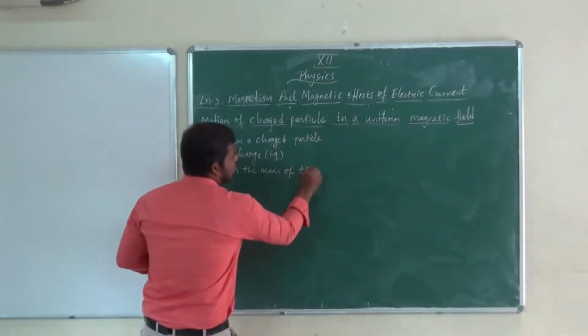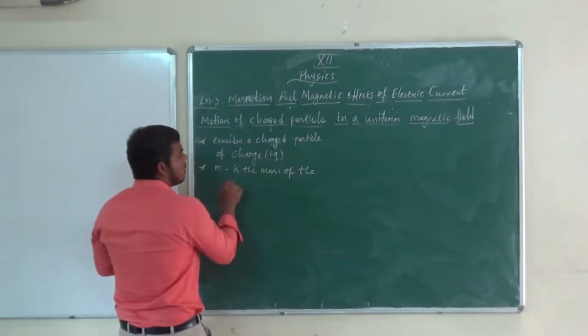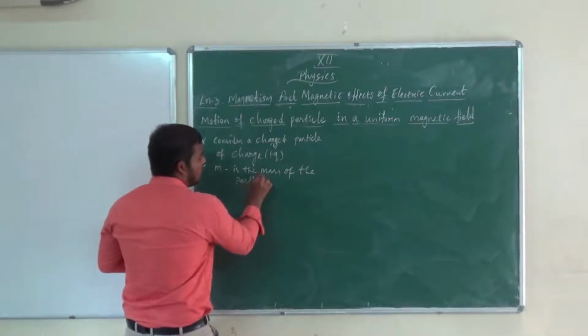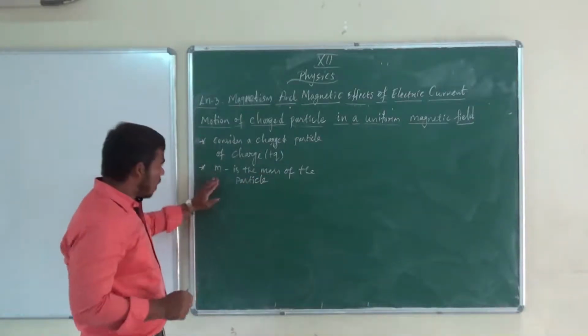We consider a particle, for example a proton, the positive charged particle, and m indicates the mass of the proton.